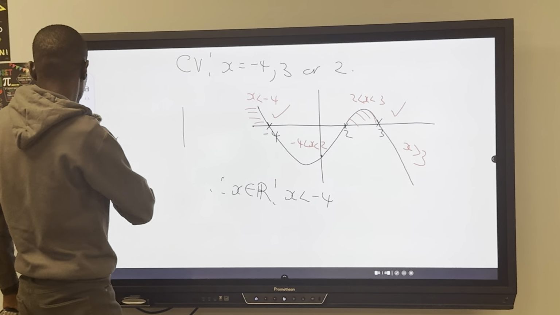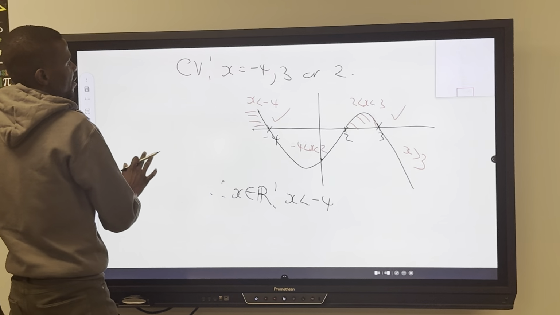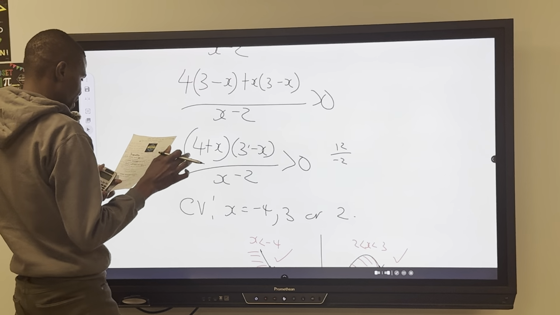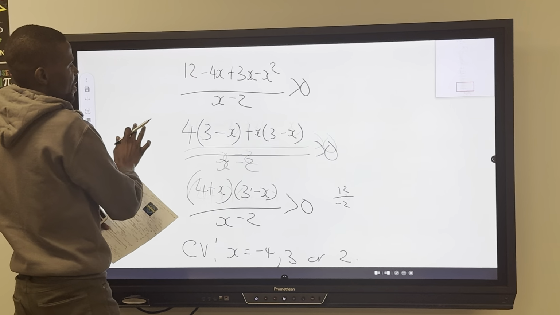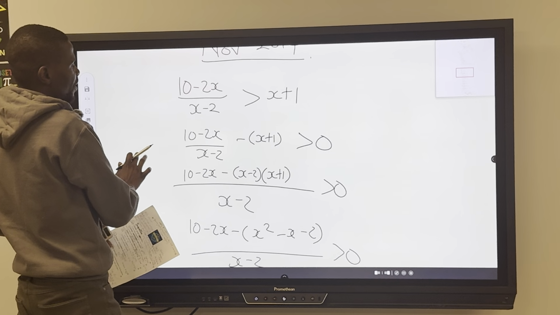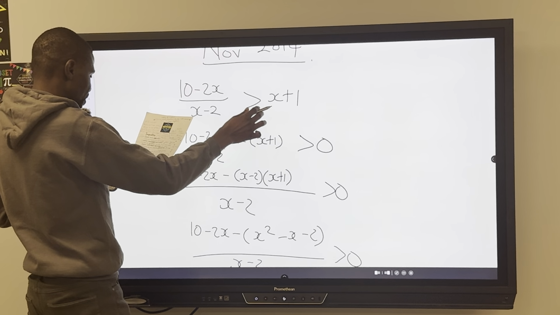Let me check again, sorry. I think, was it greater? Yeah, the sign is greater here, right? Let me just double check before we conclude. All right, yeah, because it was 10 minus 2x over x minus 2 is greater than that, right?